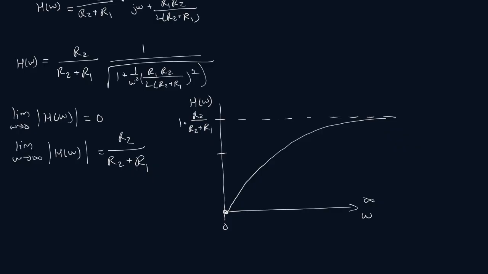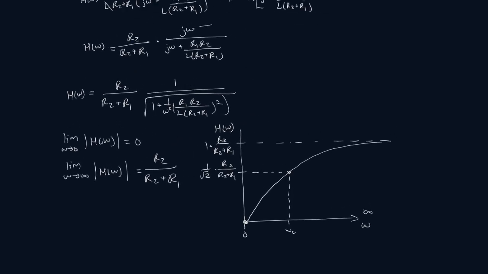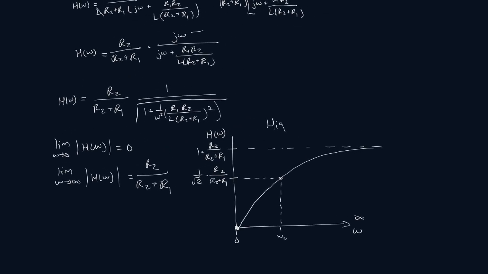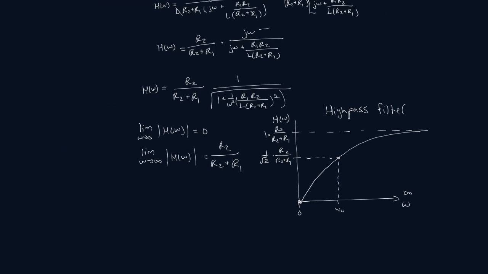And then the cutoff frequency will be 1 over the square root of 2 times R2 all over R2 plus R1. And that's the next part we have to find. We have to find this cutoff frequency. So pretty much this is a high pass circuit, or high pass filter. And now we need to find the cutoff frequency, WC.